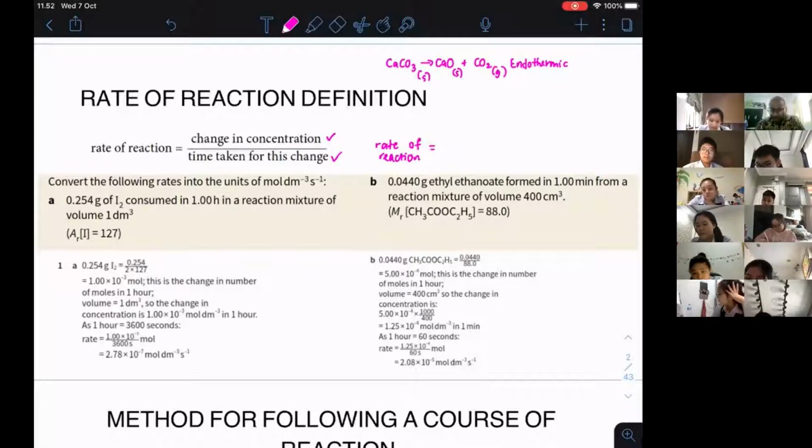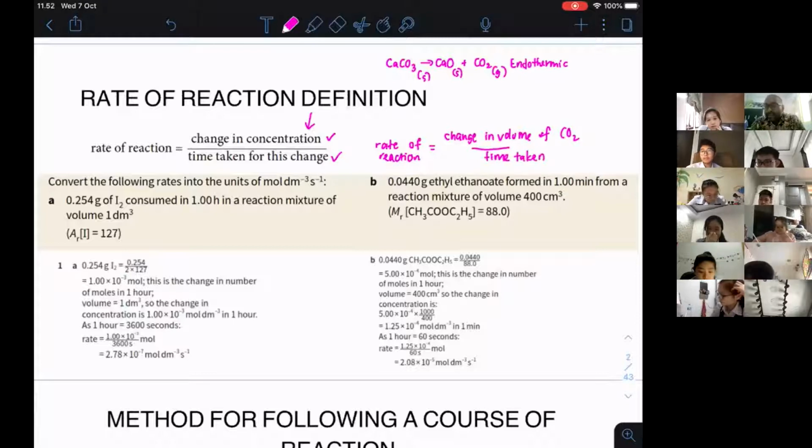You cannot use change in concentration, but you can use the change in mass of calcium carbonate over time. So it is not limited only to change in concentration. It can also be change in volume of carbon dioxide or any gas divided by the time taken. The idea is, whatever is being changed, divide by time. That is the rate of reaction.